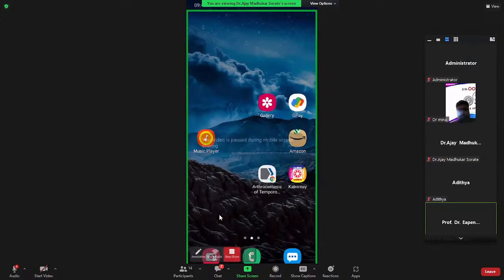Are you trying to share your screen from the mobile? Please don't do so. The presentation has to come from the laptop. I can see that you have shared the mobile.